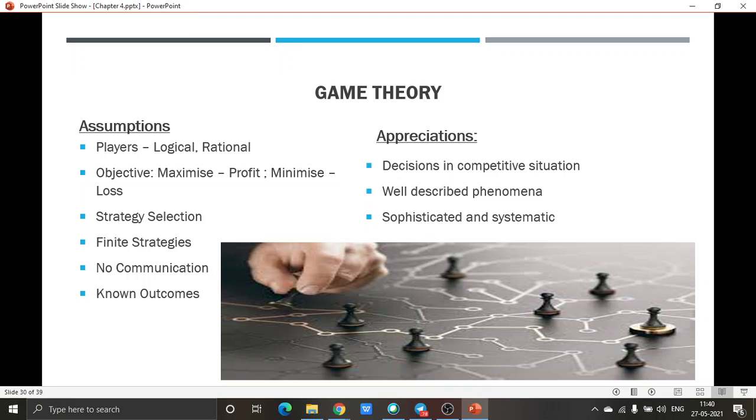The second assumption regards the objective of each player involved in the game or competition: the competitor's main objective will always be to maximize his profit and minimize his losses.